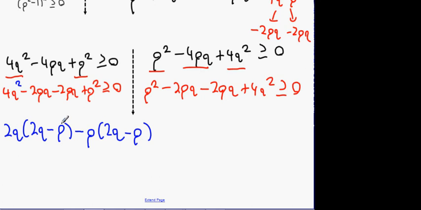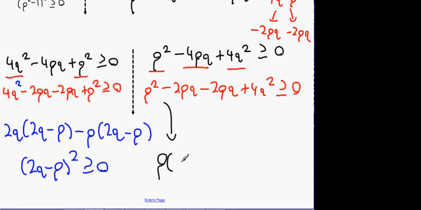It's 2q minus p, 2q minus p, isn't it? Which is going to be 2q minus p squared greater than or equal to 0. Now, if you took it the other way, we would have done p into p minus 2q, and then minus has to be the same by default.